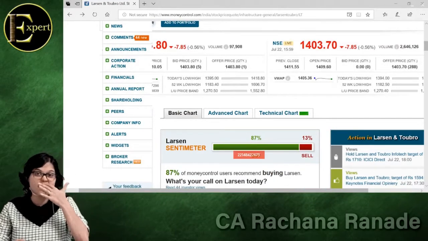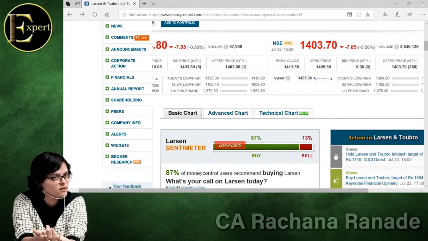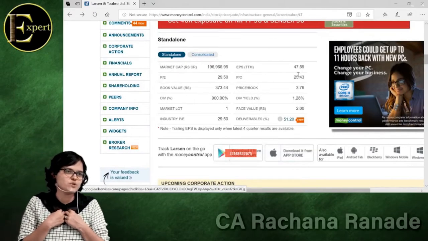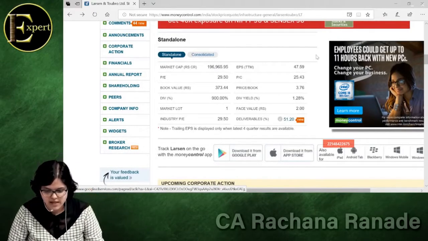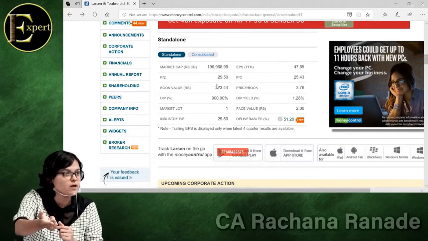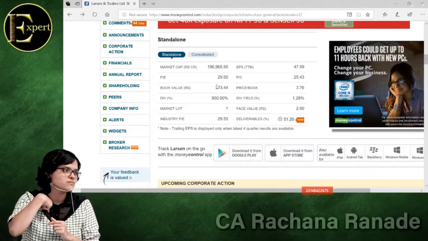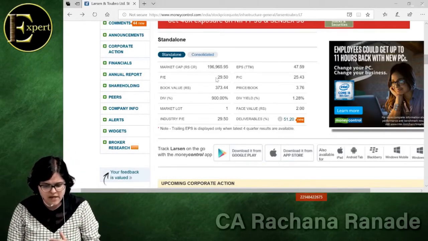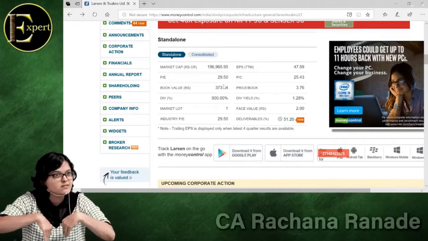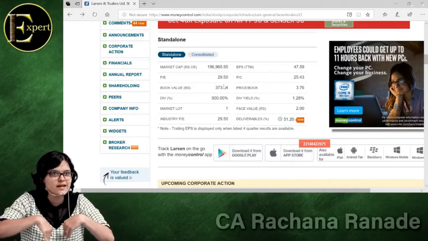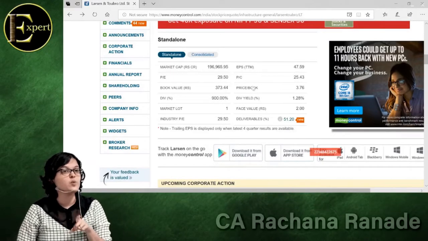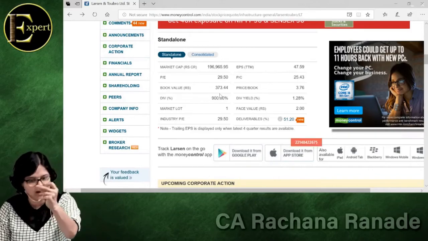So one more time, I am ready to invest 1400, I'm rounding off, to earn how much? 47.59 per share. In simple words, can I say PE is giving me how much multiplier I am ready to pay to receive an earning? Can I say I am paying 29.5 times the current earnings? Correct? So to earn 47.59, I am ready to pay 29.5 times to L&T, but I want the share.